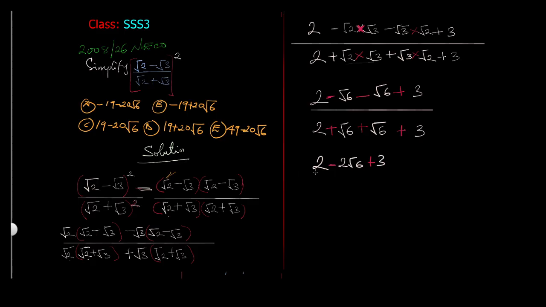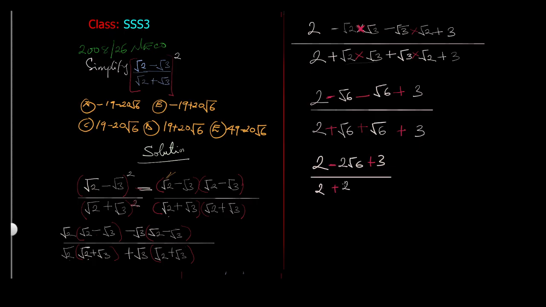Now, everything all over. We bring down our 2 here, and then we proceed with this one. Now look at this one: plus square root of 6 plus square root of 6, plus 2 square root of 6. Beautiful.